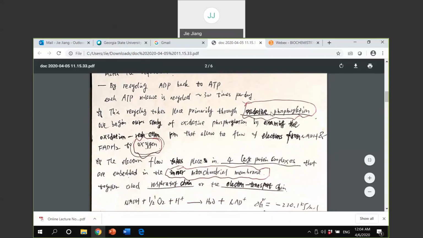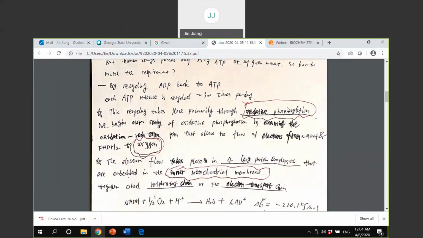This metabolic pathway is a series of oxidation-reduction reactions, which allow the flow of electrons from NADH and FADH2 to oxygen. In another way, we say that during oxidative phosphorylation, NADH and FADH2 are oxidized by oxygen, and of course, oxygen is reduced.